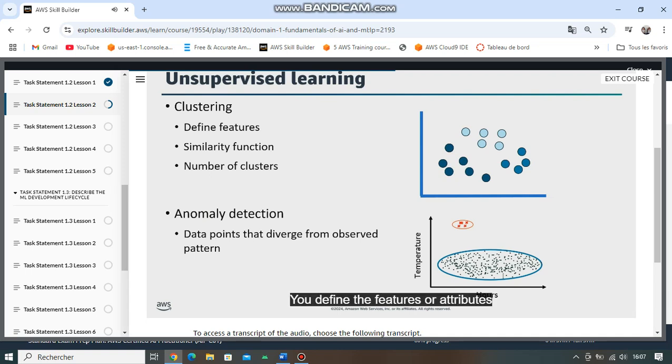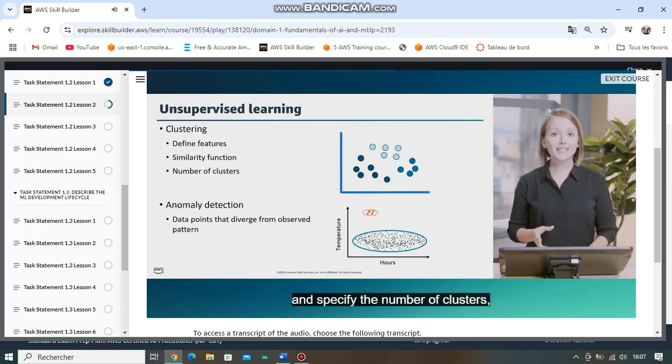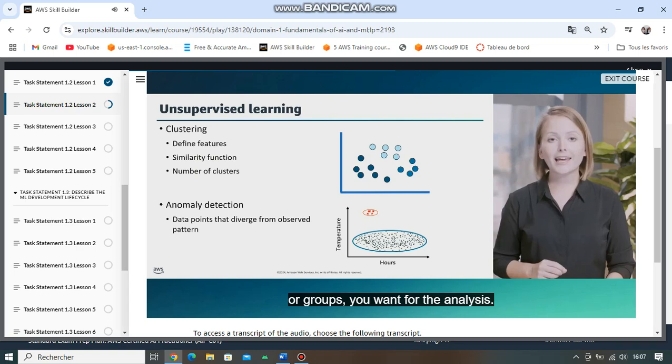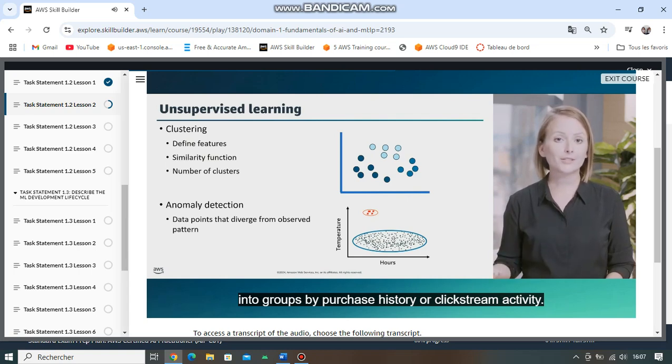You define the features or attributes that you want the algorithm to use to determine similarity. Then you select a distance function to measure similarity and specify the number of clusters or groups you want for the analysis. An example of clustering is segmenting customers into groups by purchase history or clickstream activity.